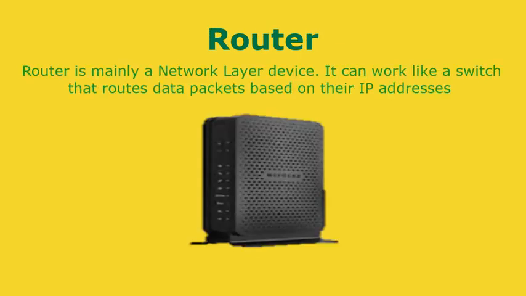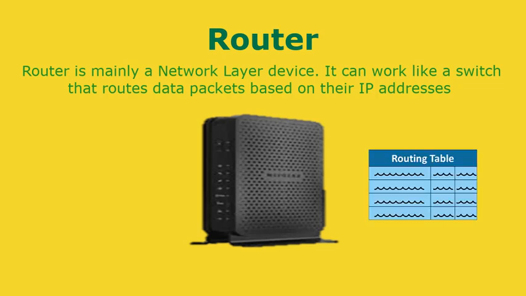Next is the router, which is the smartest or most complicated of the three. A router is mainly a network layer device. It can work like a switch that routes data packets based on their IP addresses. It also maintains a dynamically updating routing table, based upon which it makes decisions on routing the data packets.